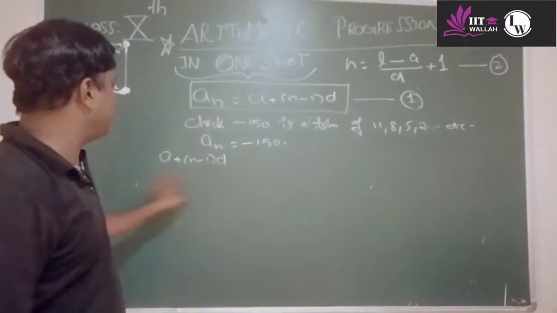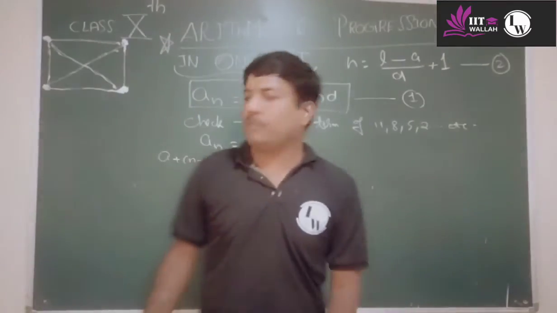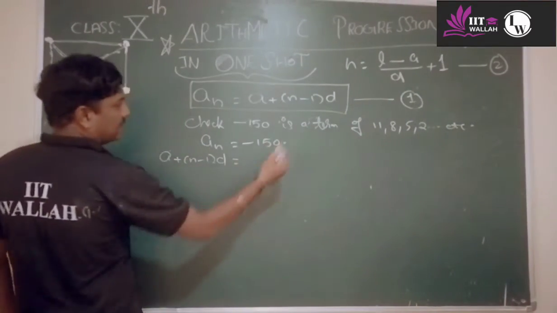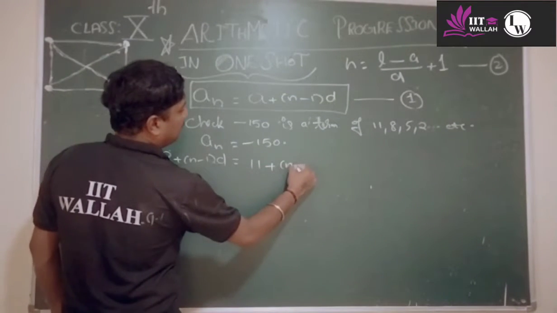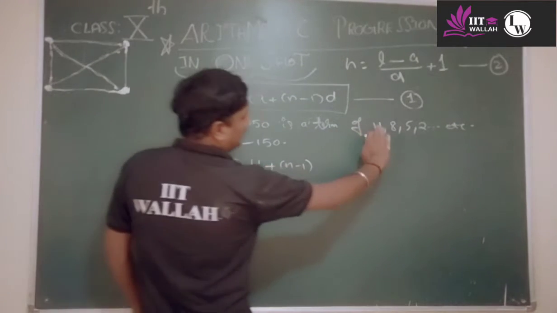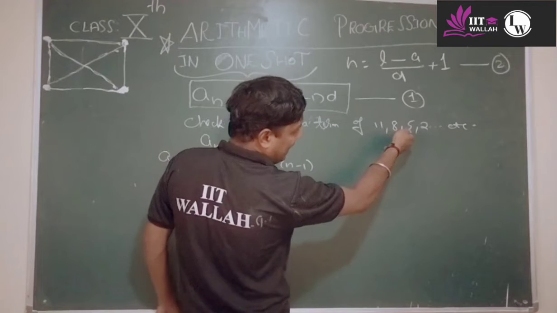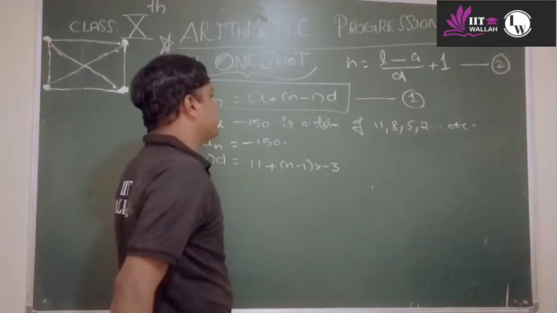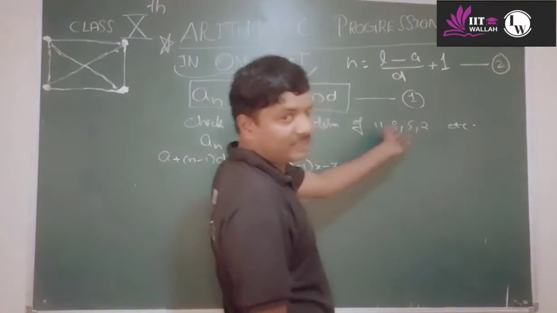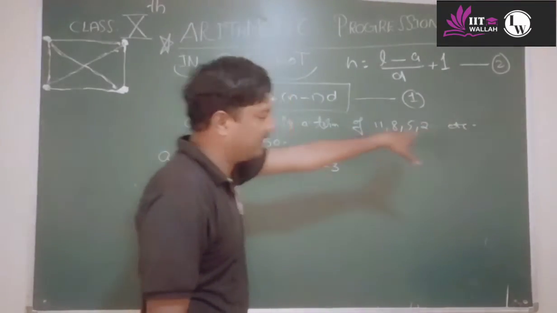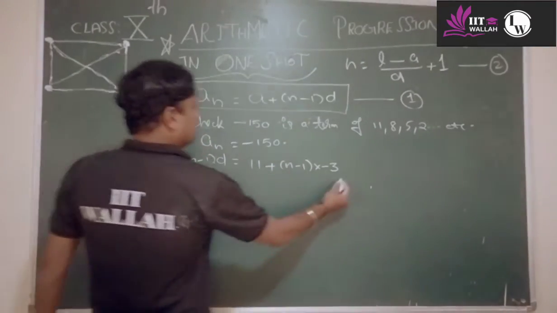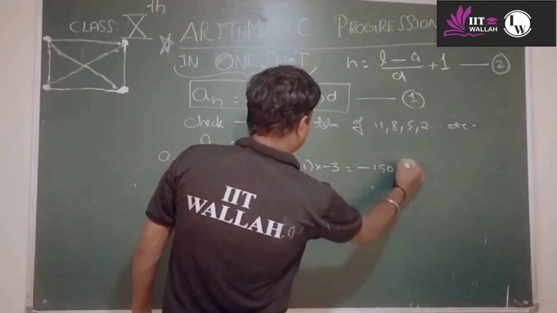Everywhere you can repeat the formula so that it will get memorized very easily. Means a is 11 plus n minus 1 into d. 11 became 8, 8 became 5. That means d is minus 3. Minus 3 is equal to minus 150.